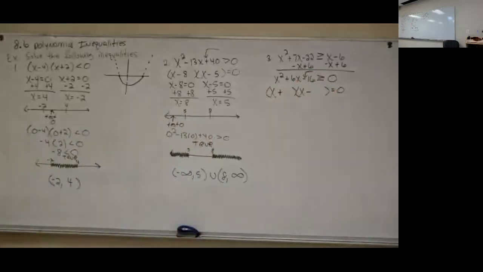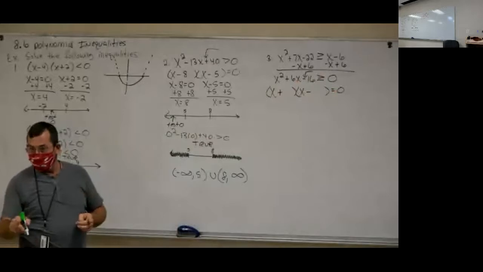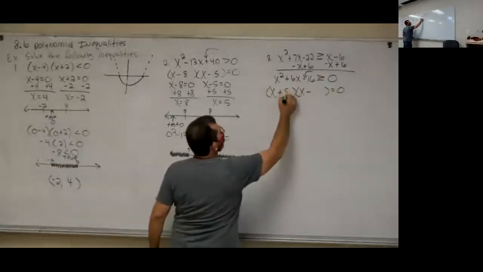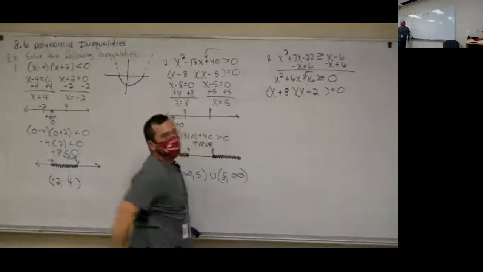Now, the bigger factor will have the same sign as that middle number. And since the last number is negative, you want factors of 16 that will subtract and get me a 6. That'd be 8 and 2. So the 8's bigger, it's going to be positive like the 6. And the 2 will be negative.